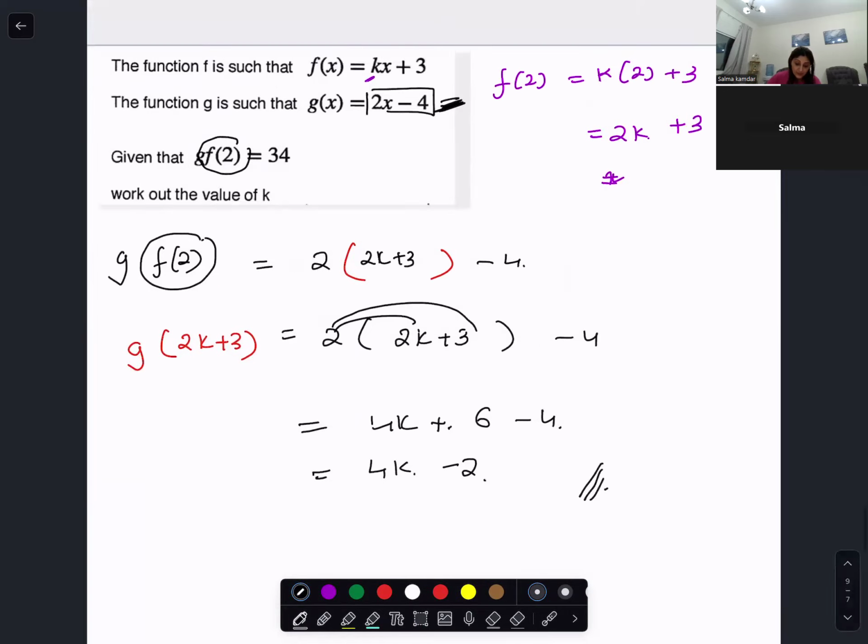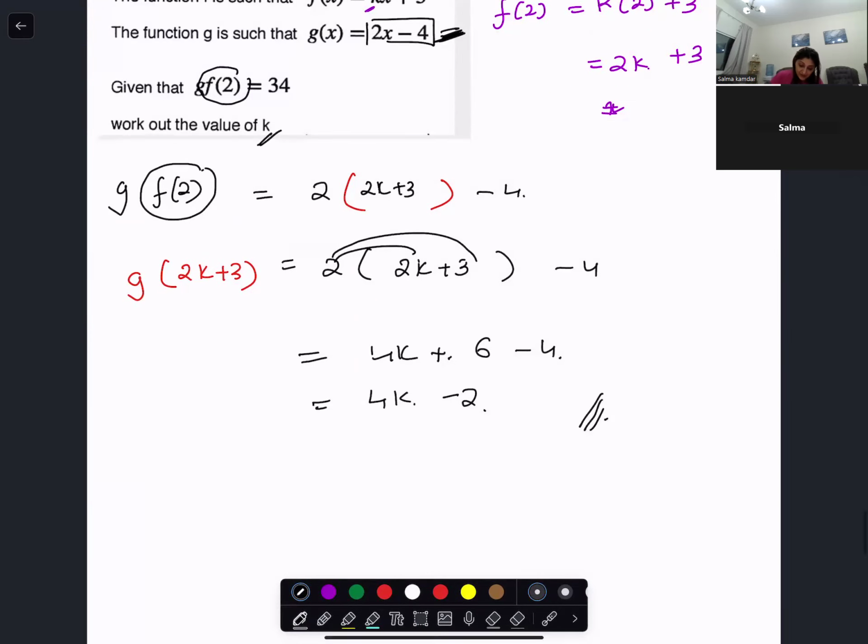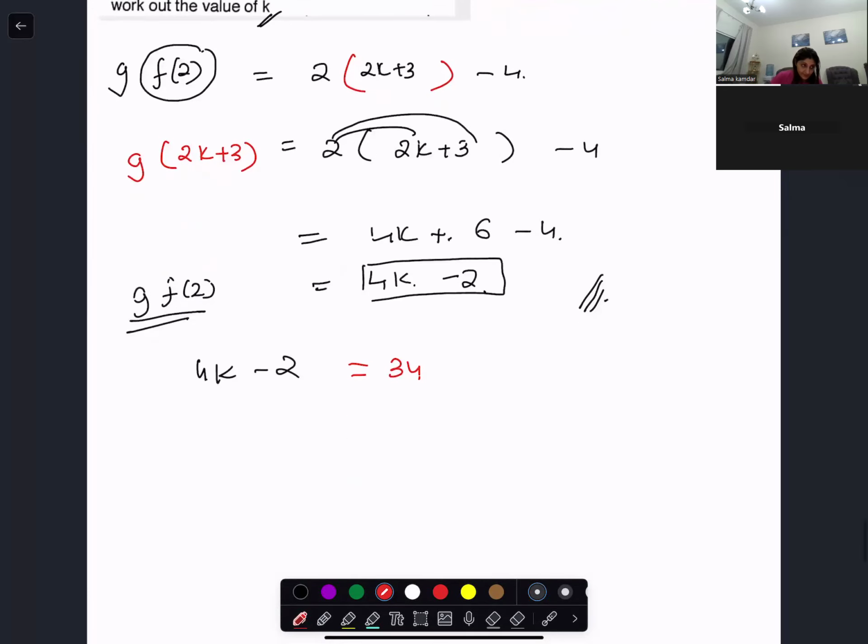But what I want to work out is the value of k. So I know that gf of 2 is 34. So gf of 2 is 4k minus 2. So I would say 4k minus 2 is equal to 34.